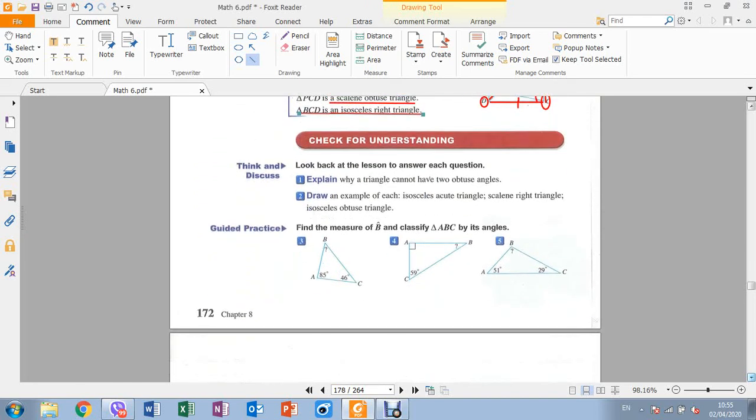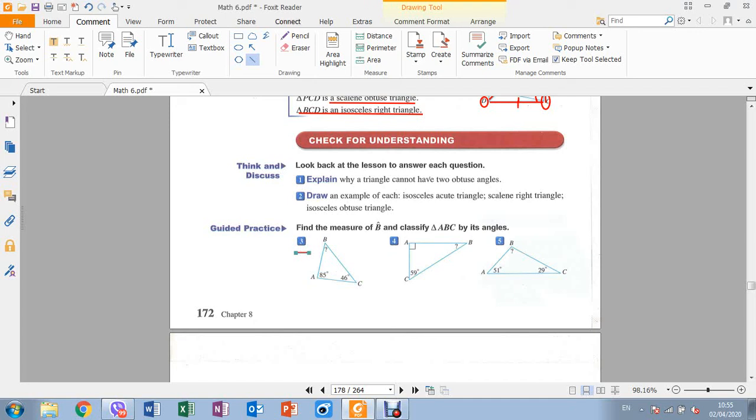Now, guided practice. Find the measure of B and classify ABC by its angles. Number 3: we know the measure of the angles of a triangle is equal to 180 degrees.